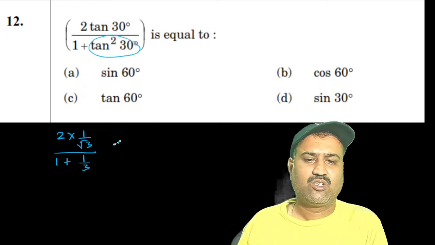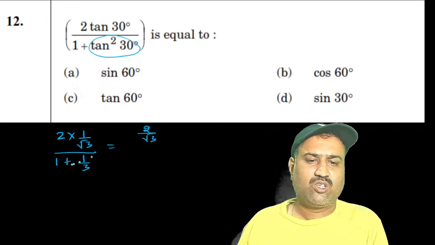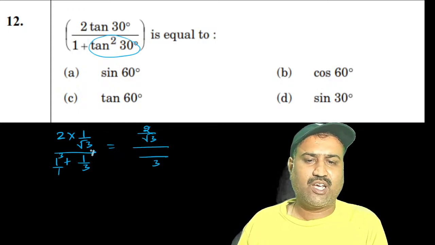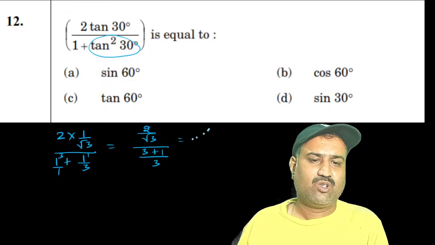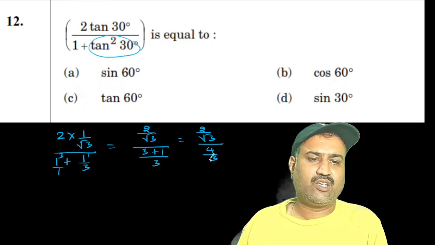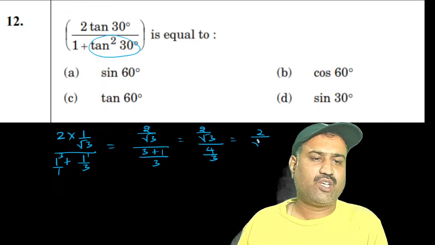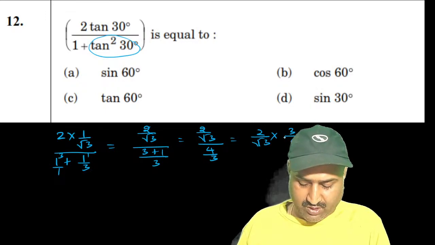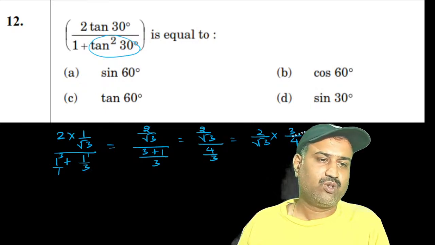I take LCM here. 2 by root 3 whole divided by 3 upon 1, 3 1s are 3, plus 1, that is 4 upon 3. It is equal to 2 by root 3 into 3 by 4. Now I can write 3 as root 3 into root 3.